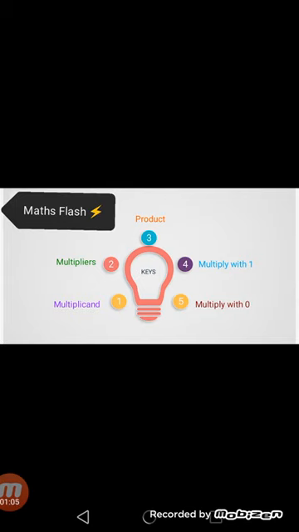The multiplier is the second number, meaning the number by which it is multiplied. And the product is the answer of multiplication. We have also learned that when we multiply any number with 1, the answer will be the same number. And when we multiply any number with 0, the answer will be 0.